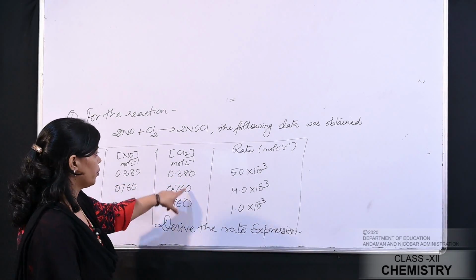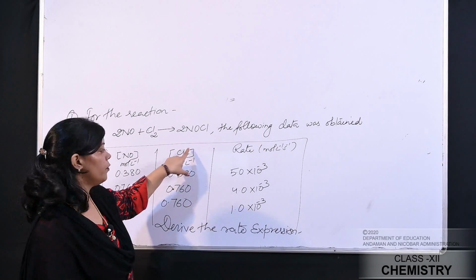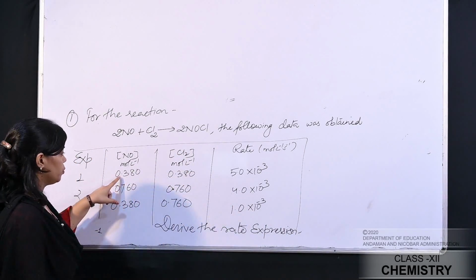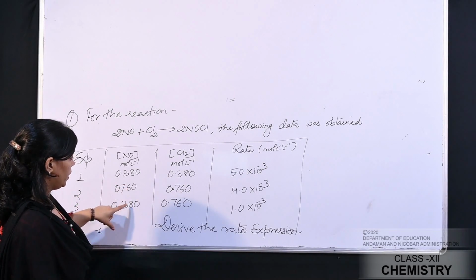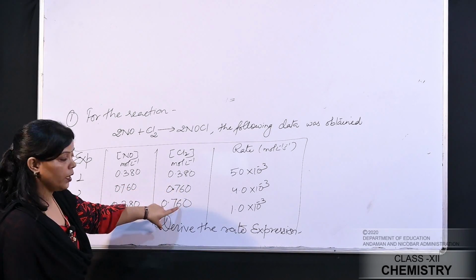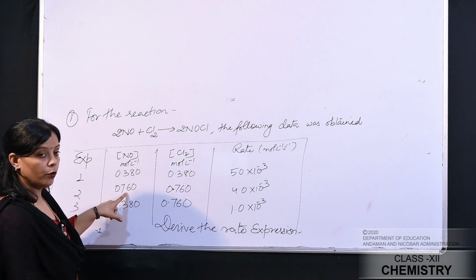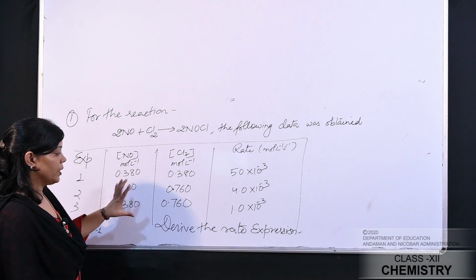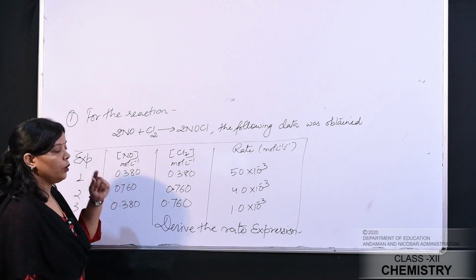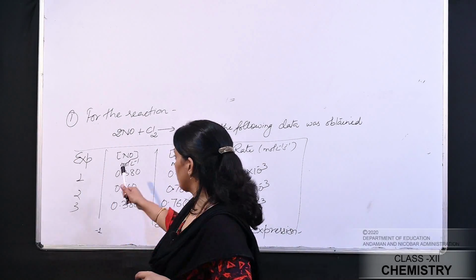With the help of this, you can calculate the exponent of chlorine. Similarly, with experiments 2 and 3, the concentration of chlorine remains the same, and the concentration of NO is changing, 0.76 and 0.380. By solving this, you can calculate the rate exponent for nitric oxide.